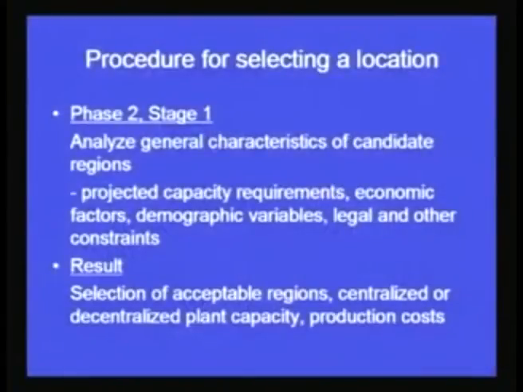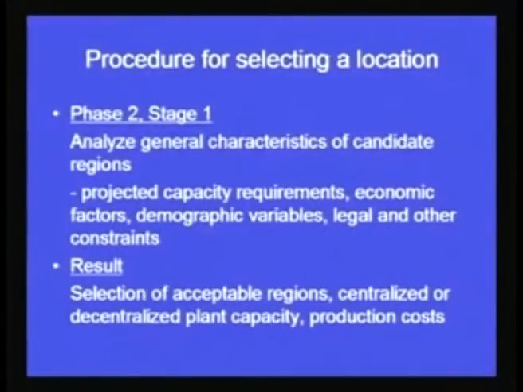So in phase 1 we have seen that we are only doing the preliminary investigation from the environmental conditions point of view, and we have justified that we are going to go ahead with this particular area. Within that area also we have a number of candidate regions about which we have to decide which would give us the best results. So for different candidate regions we are analyzing certain general characteristics which are on your screen. The first general characteristic we have analyzed is the projected capacity requirements.